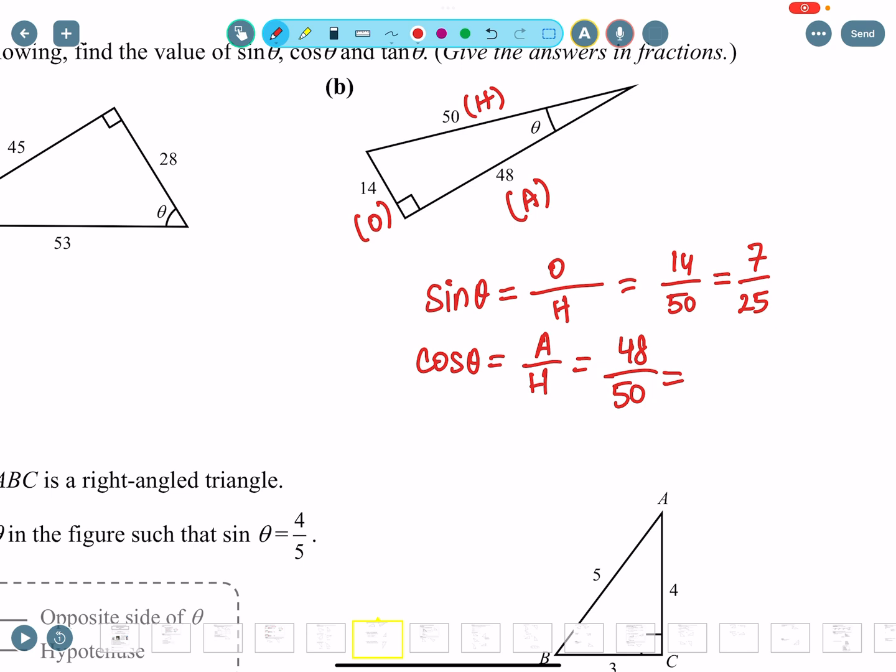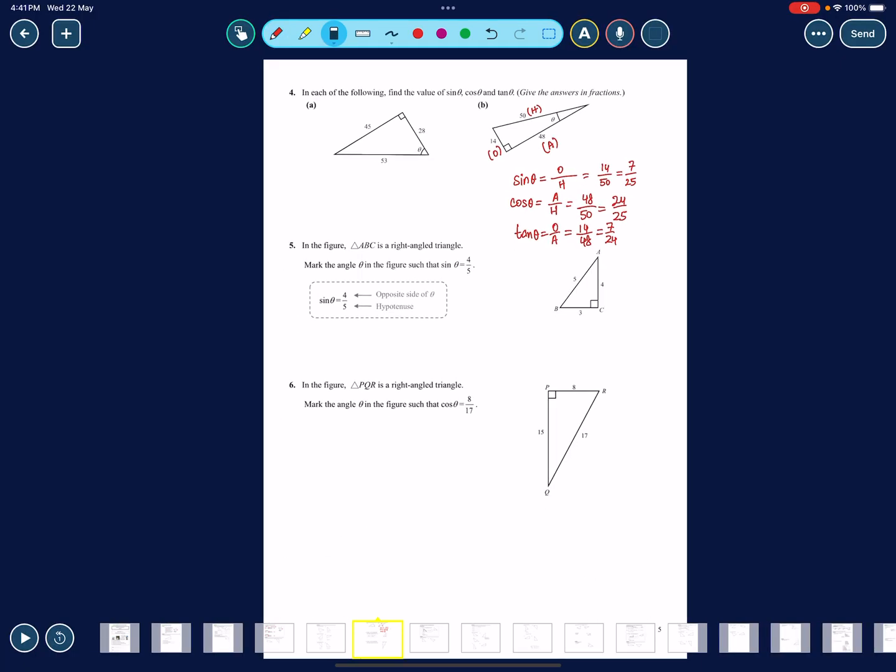You are going to get 24 out of 25. The last one, tangent theta, TOA, is O over A, which is 14 over 48. So 14 over 48 is 7 out of 24. These three are the answers for this question.